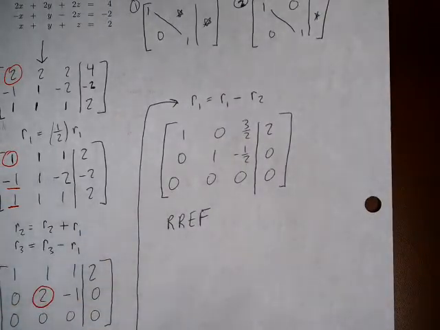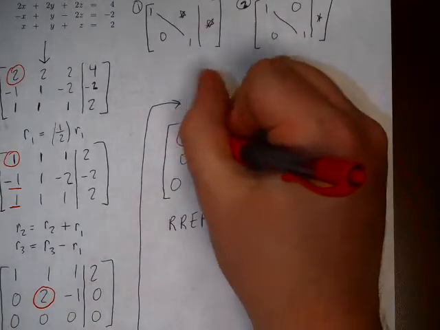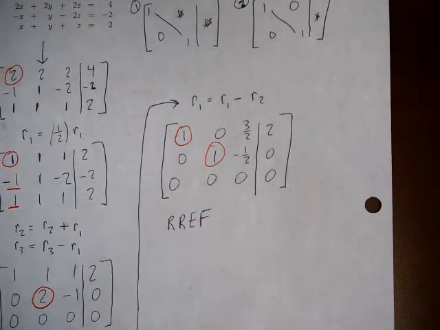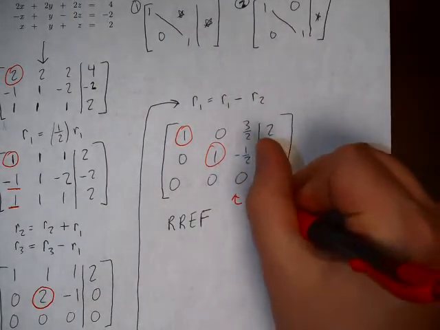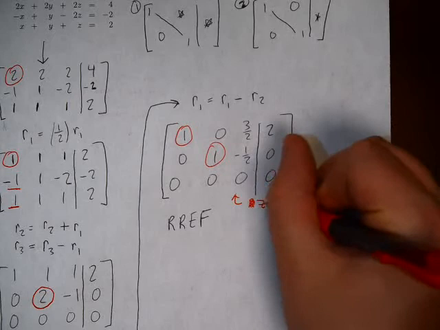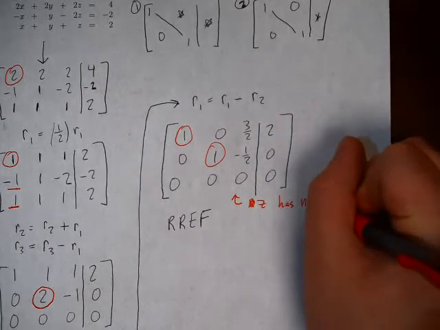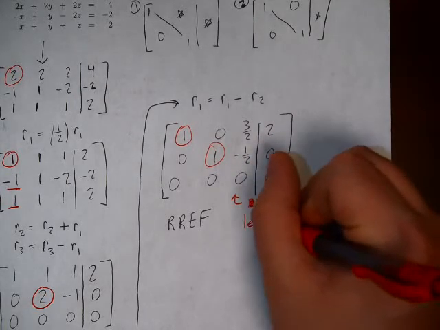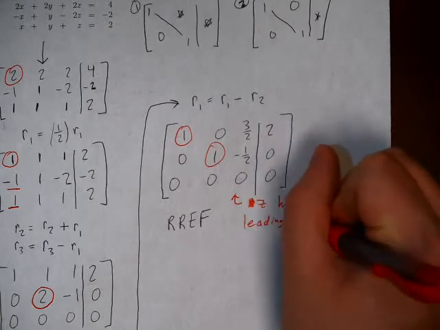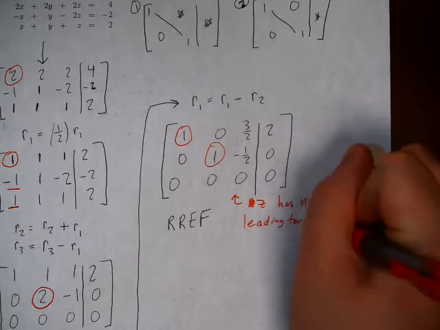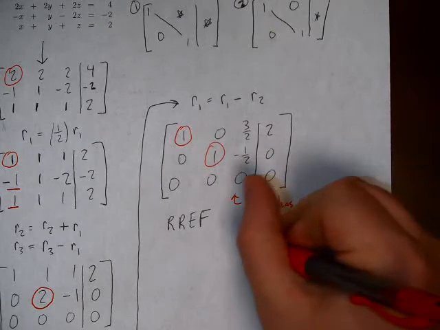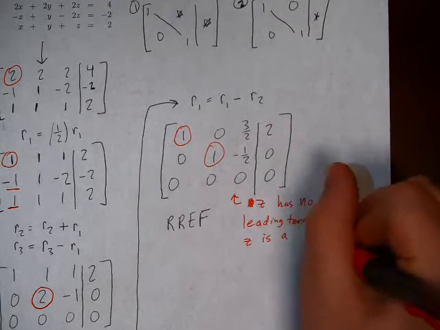So taking a minute to inspect what we have, these are our leading ones. Now x3, z, has no leading term. So z is a free variable.